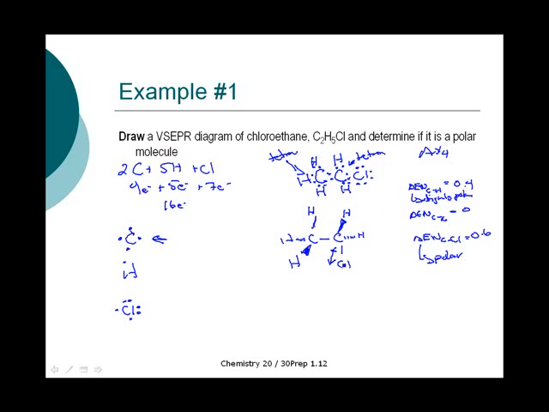And so what this means is right here, we have what's called a dipole-dipole force. The carbon is going to be slightly positive, and the chlorine is going to be slightly negative. If we line it up beside another chloroethane molecule, we'll see that these two molecules will have a little bit of attraction for each other.